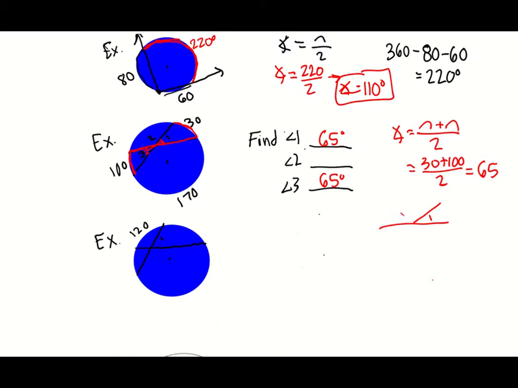Angle 1 and angle 2. So I know angle 1 plus angle 2 is going to add up and give me 180. So if I start with 180 and I take off angle 1 here, I'm going to take off 65. I'm going to be left with angle 2, which gives me 115.